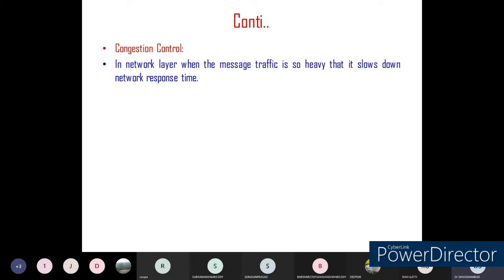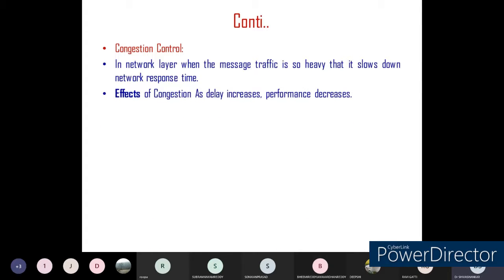It means the response is low, so performance or response is slow. That is called congestion. In the same example, if there are fewer vehicles, definitely we can move fast and reach our college fast. Then the response is high.